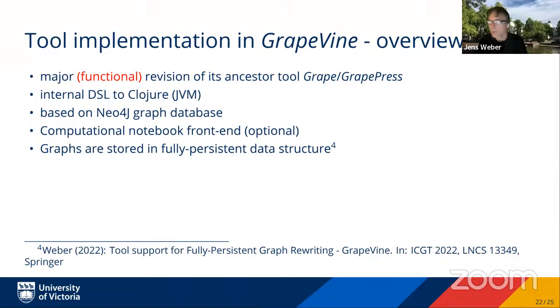GrapePress is this moniker for the computational notebook UI, which is still there. Grape, or this tool, does not require the use of that computational notebook UI. You can actually use just Grape for developing graph programs with a normal IDE.